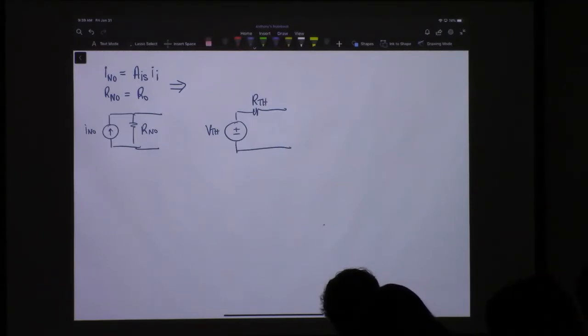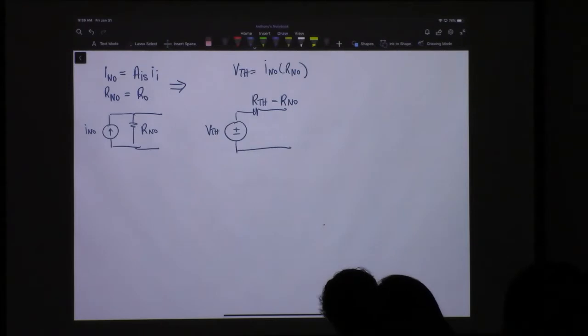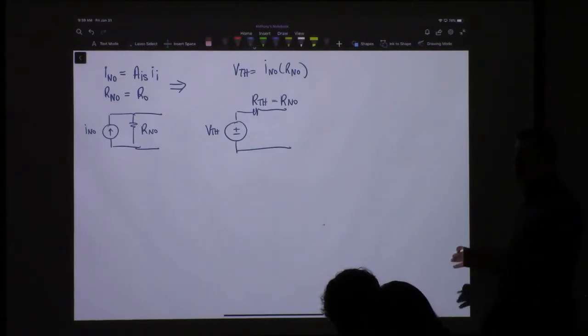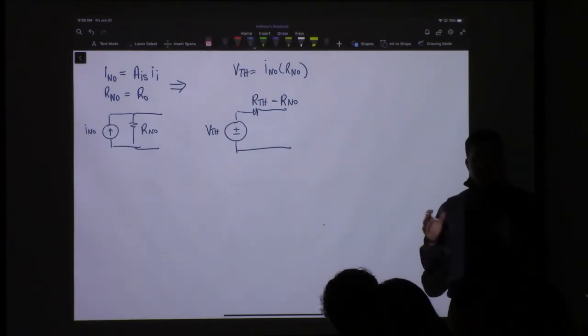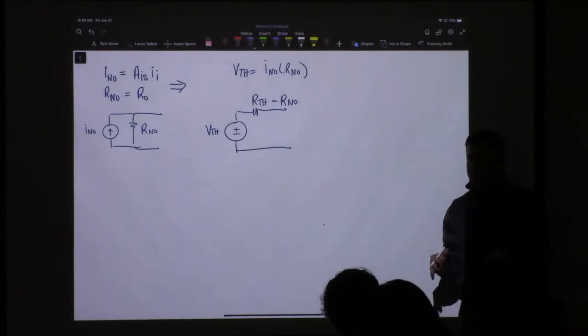So first off, we already know right off the bat this is equal to R Norton. How do we come up with our V Thevenin? V Thevenin will be equal to I Norton times R Norton. That should be familiar. This is just what we learned from ELC251-02 about how to convert between Norton and Thevenin sources.